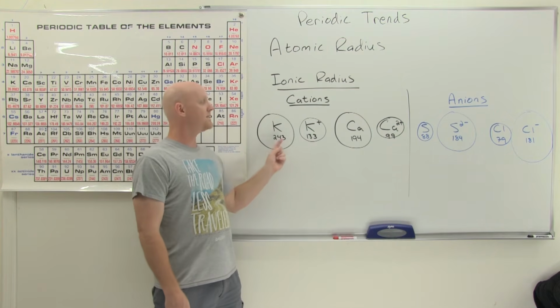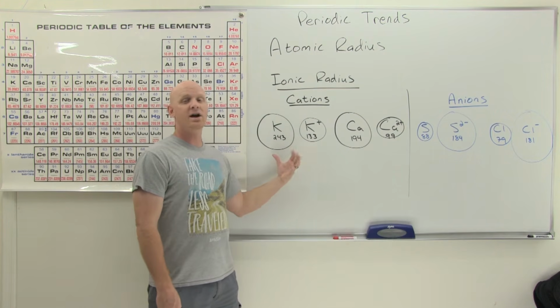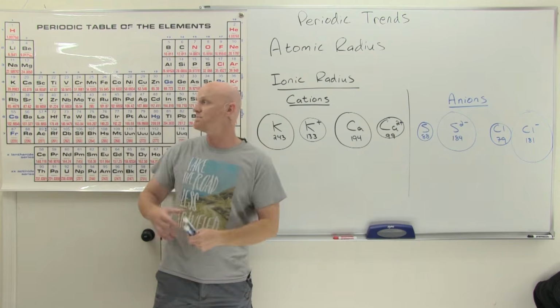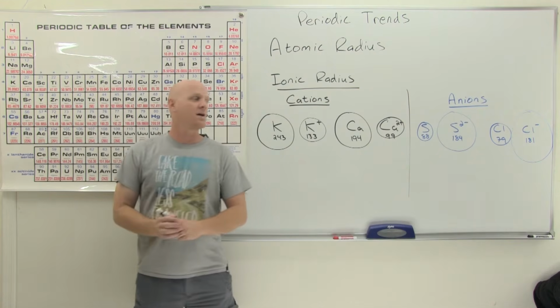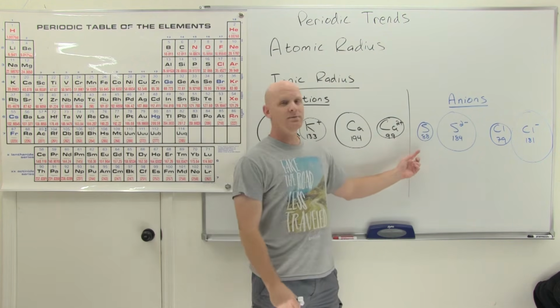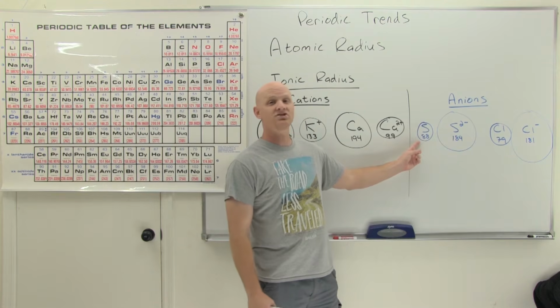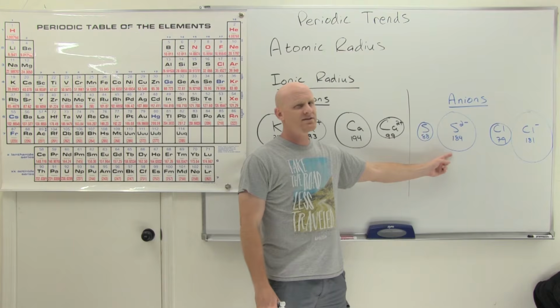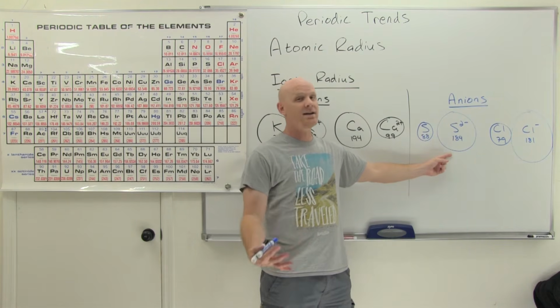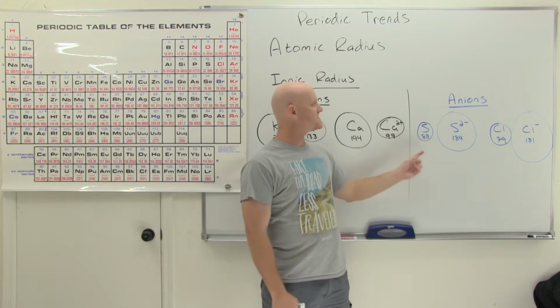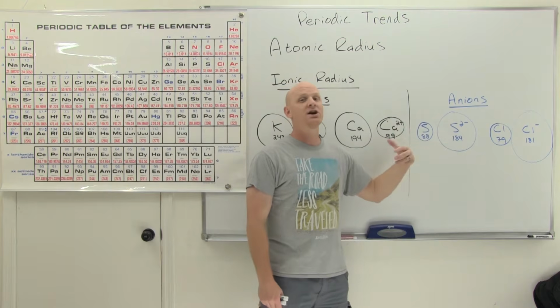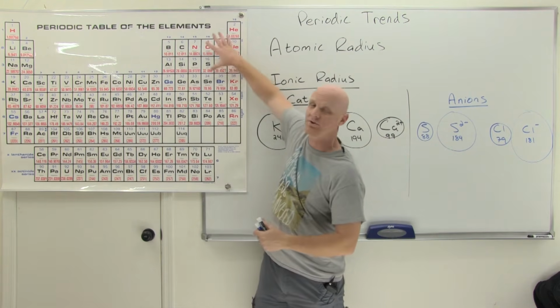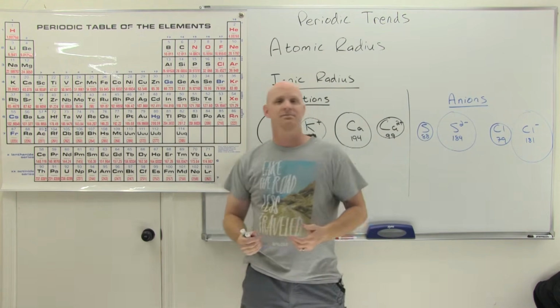Well, if your atomic radius is larger than your ionic, then we're talking about something that forms cations, which means pick a metal. On the other hand, if I said, pick an element in the answer choices that has an atomic radius smaller than the ionic radius, well, if the ionic radius is bigger, that means we're forming anions. So you need to pick a non-metal from this region on the periodic table.